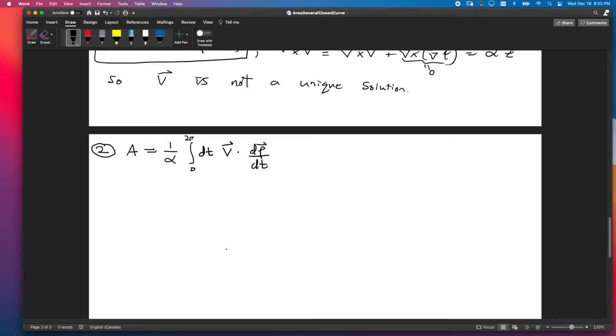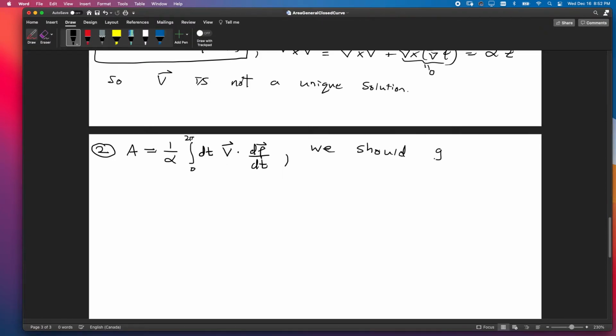So basically the area should not depend on this choice of v.